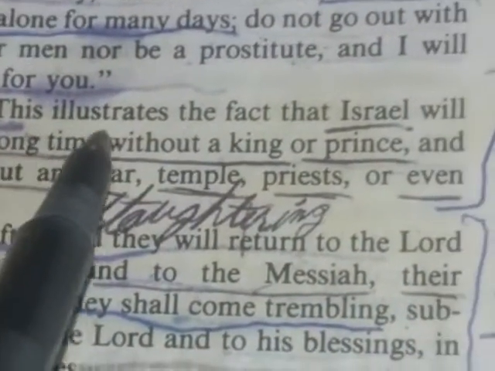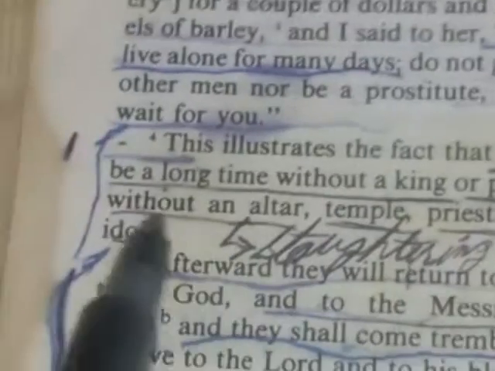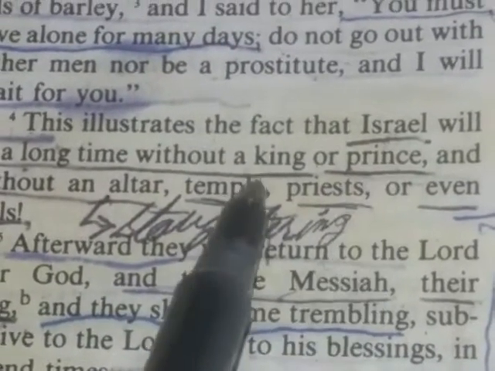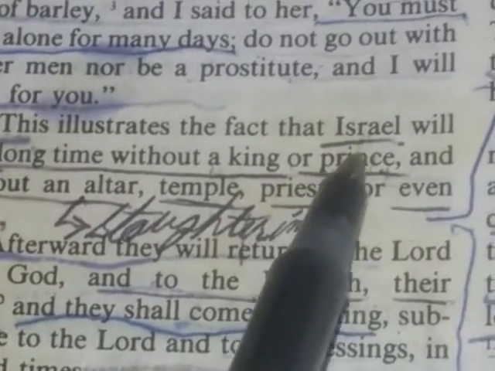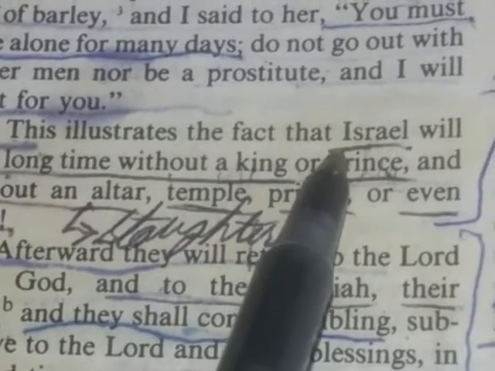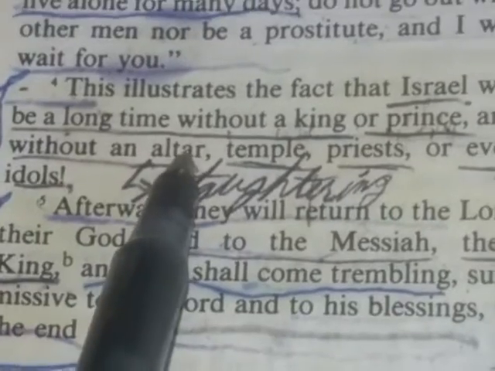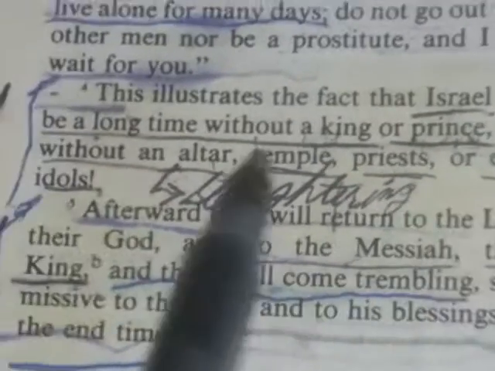It says, this illustrates the fact that Yashael, Israel, will be a long time without a king or prince. See, a king and prince is the same thing. That's why they say king or prince. See, a prince is the son of the king. See, King David is dead, so his son will reign as prince and king. And without an altar, see, a slaughter place, a temple, priests, or even idols.